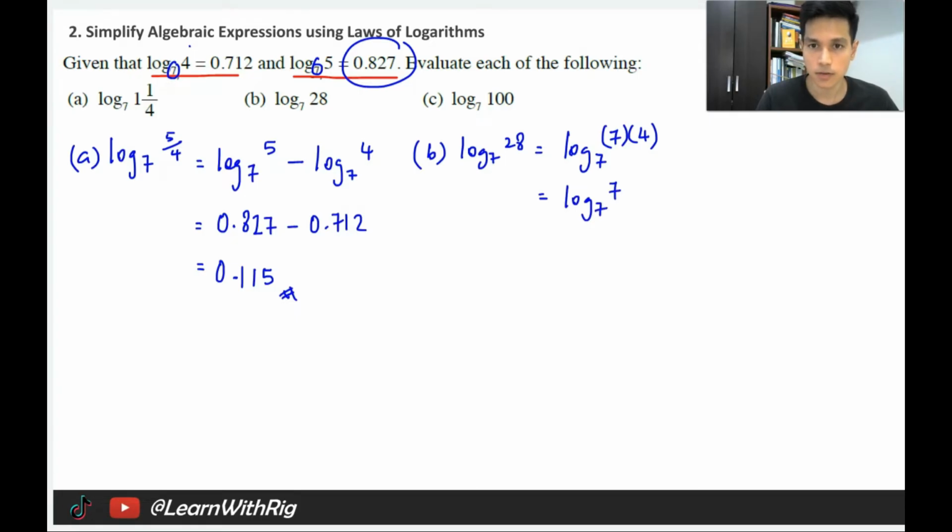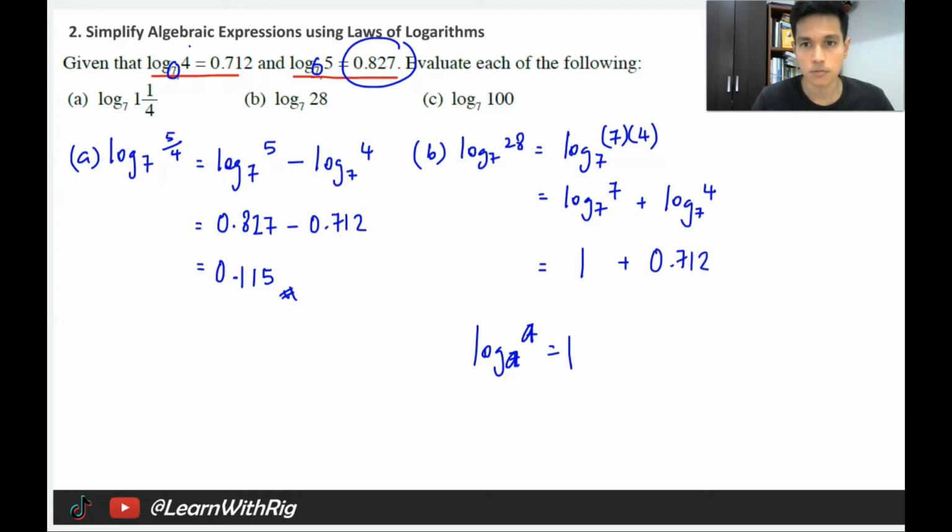So log 7 base 7 plus log 4 base 7. Remember, I told you whenever you have the same value as the base, like log a base a, it equals 1. So you make it 1 plus log 4 base 7, which is 0.712. The answer is 1.712.